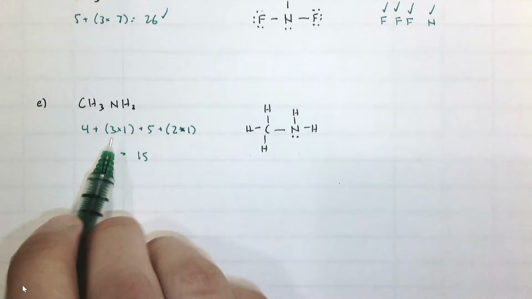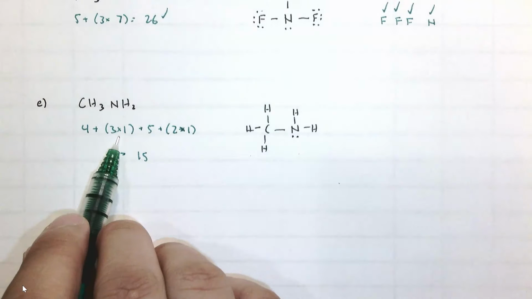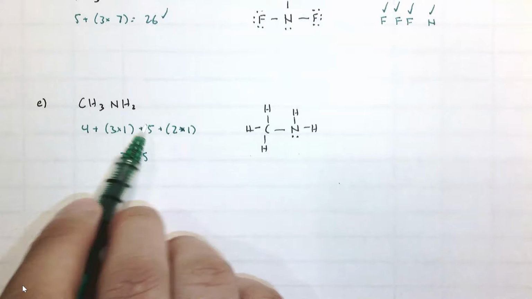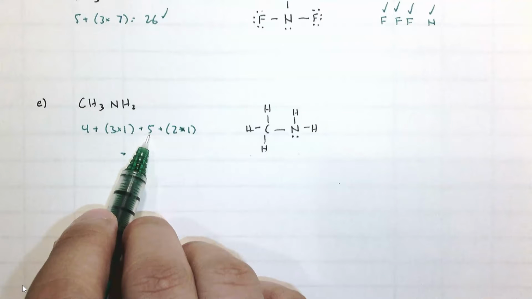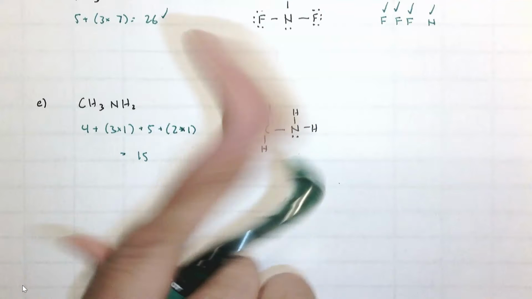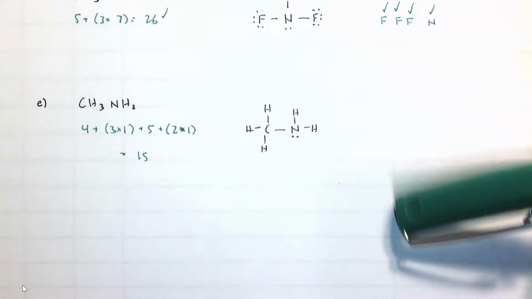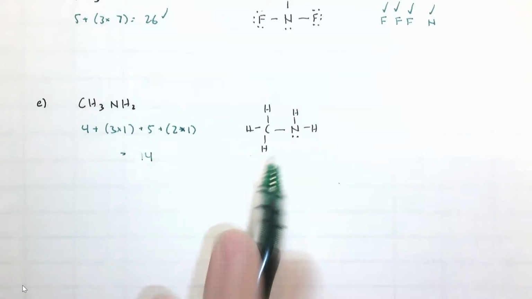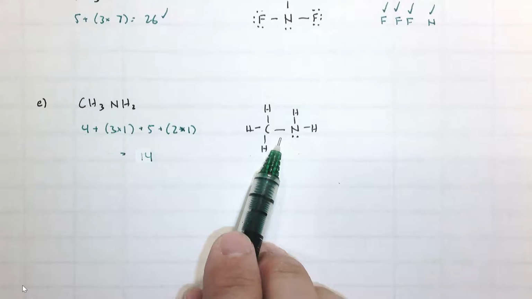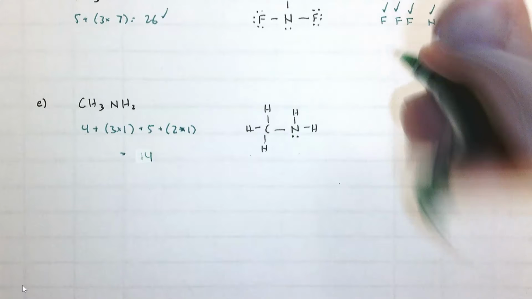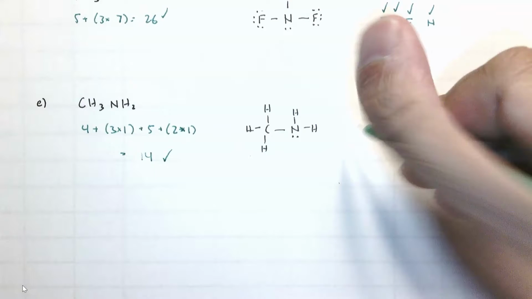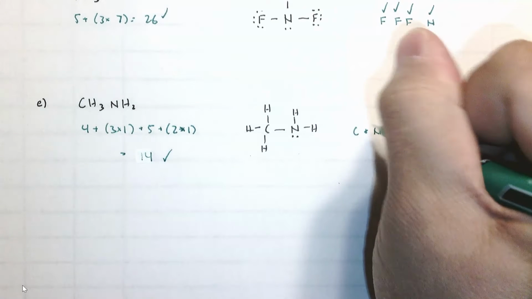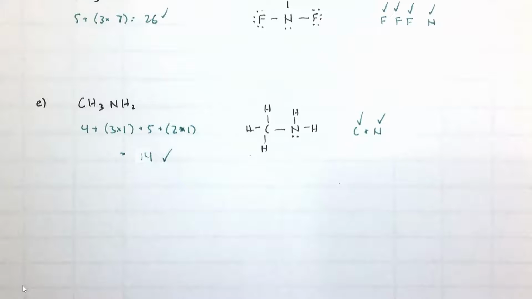That can't be right. 3 plus 4 is 7, plus 5 is 12. Oh, 13, 14. Oh my goodness, my math. 2, 4, 6, 8, 10, 12, 13, 14. So that's good. Carbon and nitrogen both satisfy the octet rule.